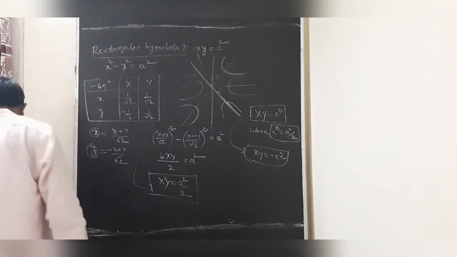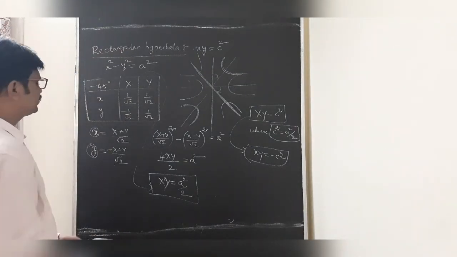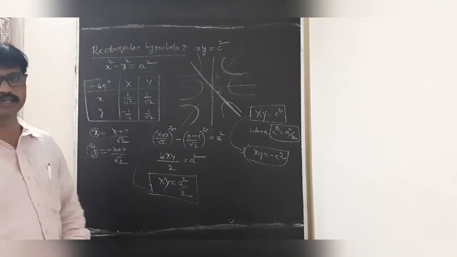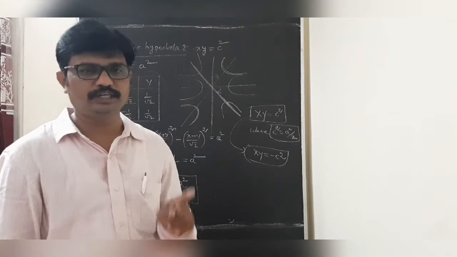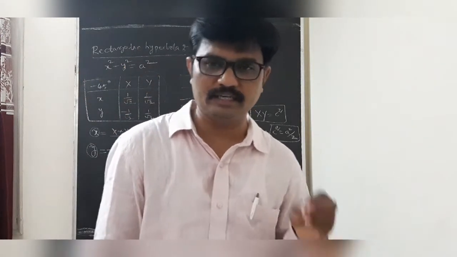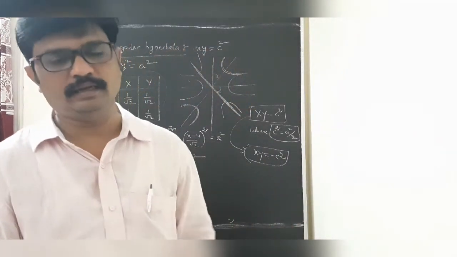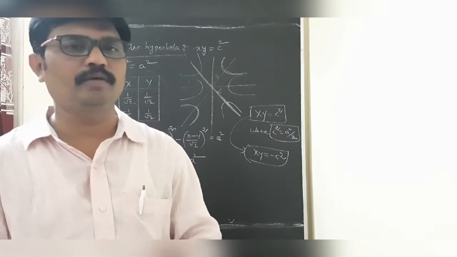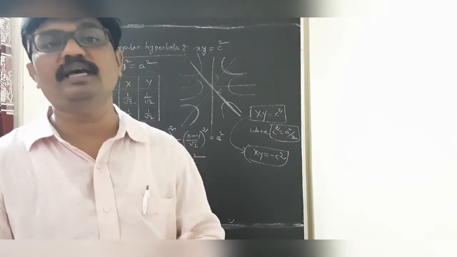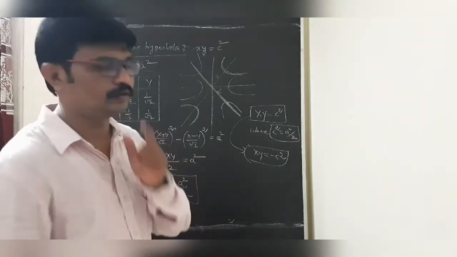My dear students, yesterday we discussed the asymptotes. What is the meaning of asymptotes? The tangents which touch the hyperbola at points at infinity are called asymptotes. The asymptotes of the hyperbola are x by a plus or minus y by b equal to 0.